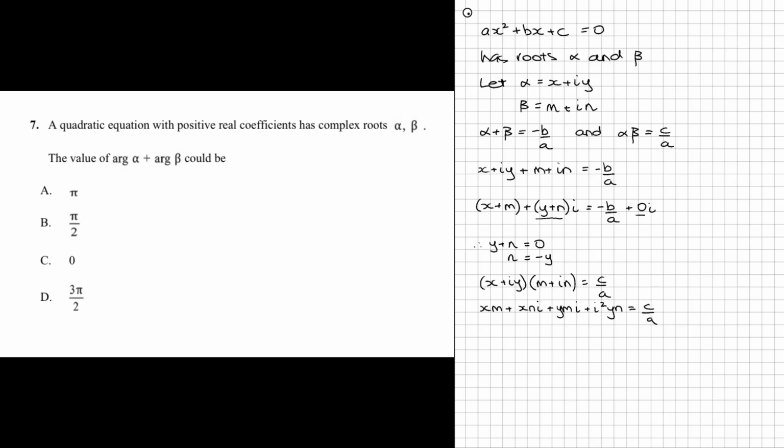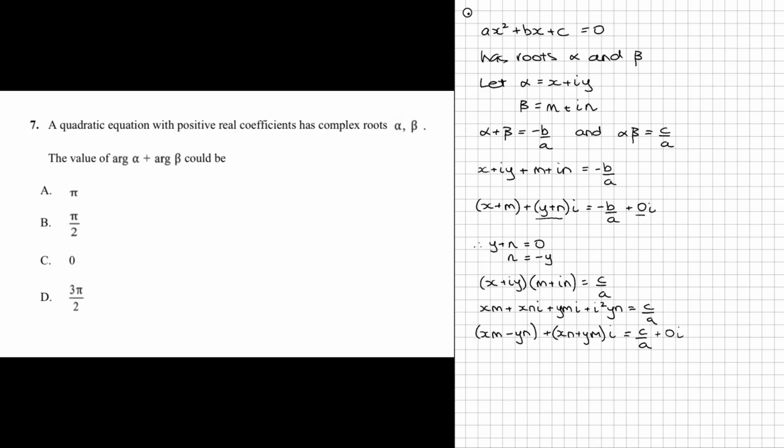Now if I bring the real parts together, this i squared is going to become negative 1. So we'll get xm minus yn plus xn plus ym i would be equal to c on a. And again, c and a are real numbers, so if I want to write this in complex form, it would be plus 0i, just like I did up here.